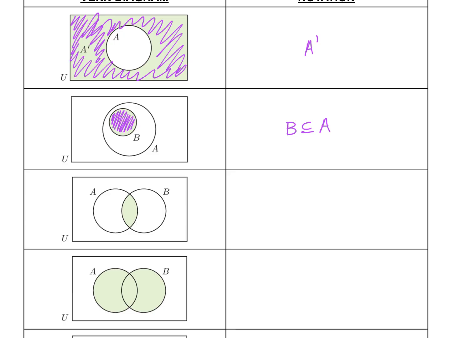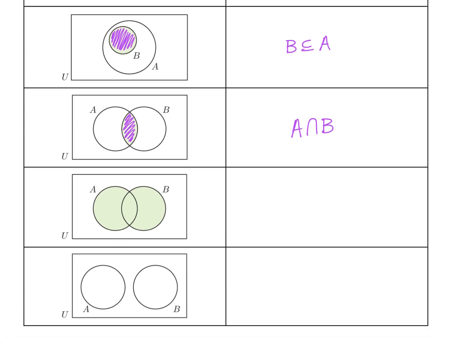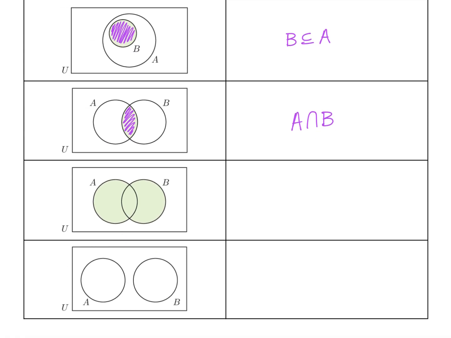So now if we look at the third Venn diagram here, that is where A and B overlap, or in other words, intersect. So this is the intersection of A and B. In the fourth Venn diagram, we have that A and B are all shaded in, including the intersection.